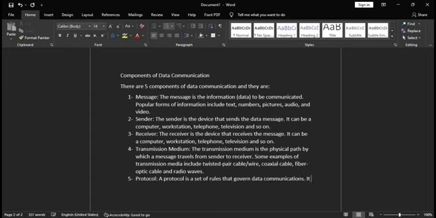It represents an agreement between the communicating devices.